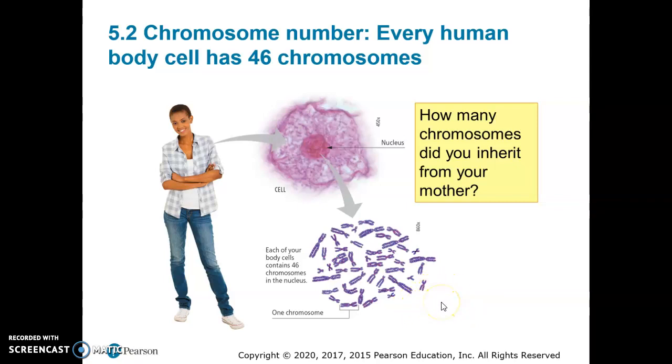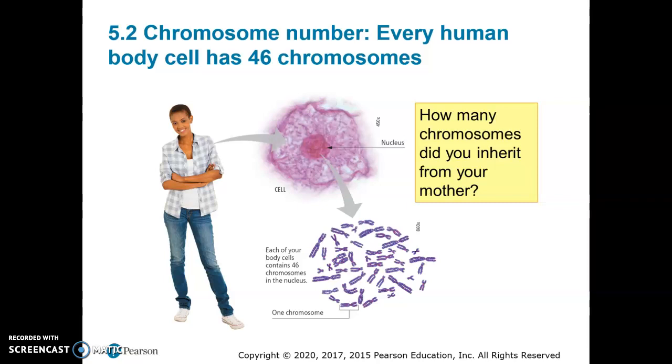We pair them up to make sure that the individual has both members of the pair. In other words, you have a number 1 from your mom and a number 1 from your dad, a number 2 from your mom and a number 2 from your dad. And of course, if we pair up the chromosomes, we'll get all the way down to the sex chromosomes.